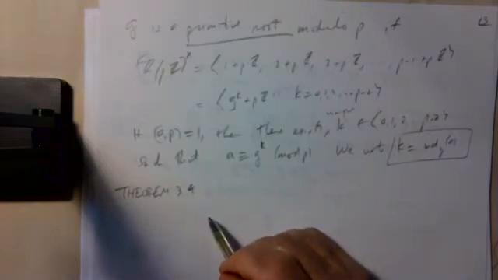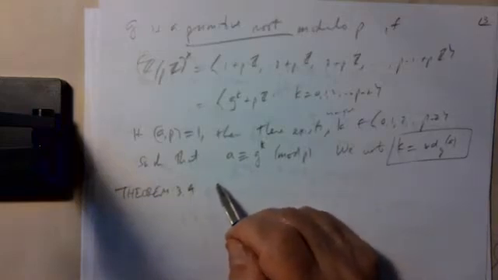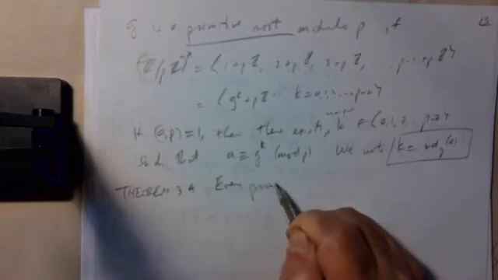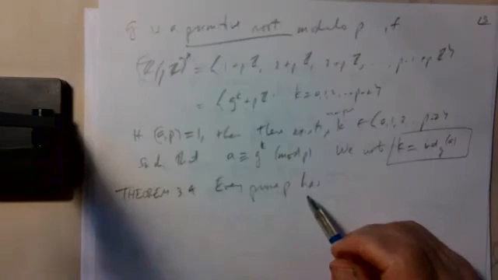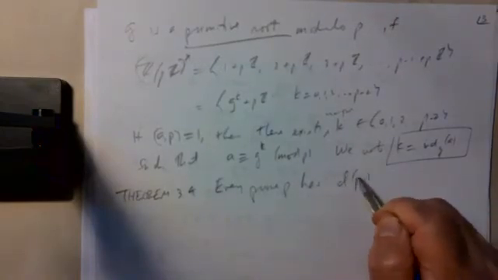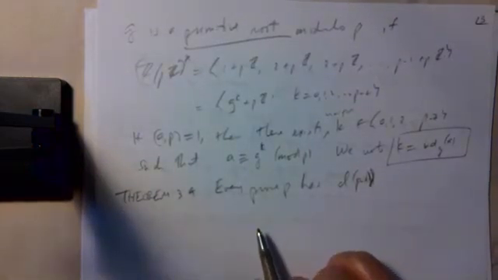That was the number I assigned to it. Every prime p has a primitive root. And in fact, it has exactly phi of p minus 1 primitive roots.